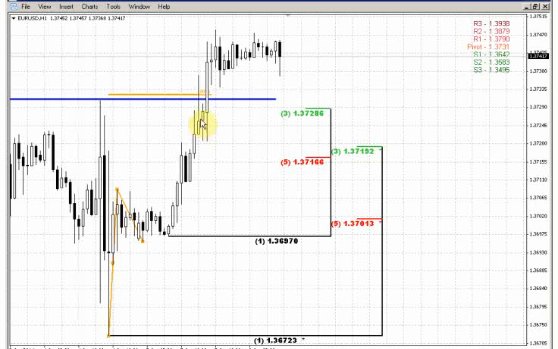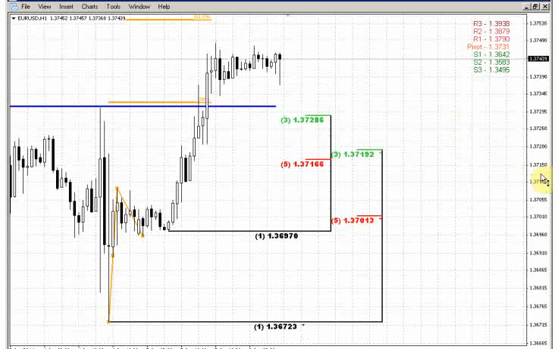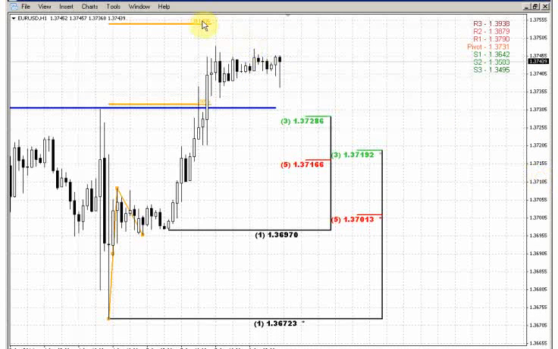So we see some minor reaction on these targets. By this candle, market has hit it, has shown very shy retracement and continued to move higher. That is some sort of bullish dynamic pressure.